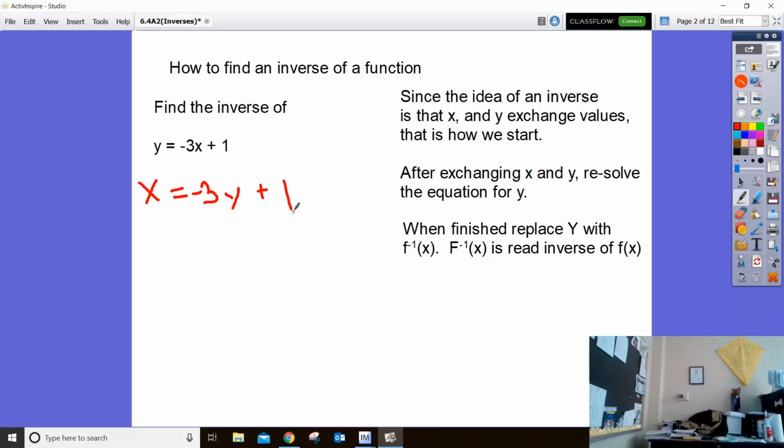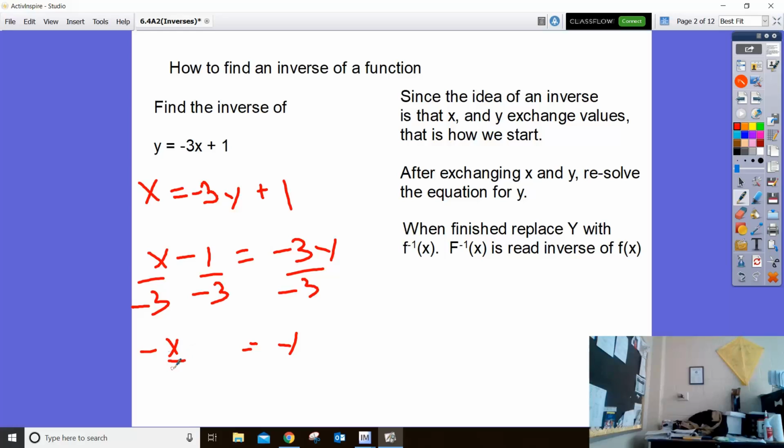Subtract 1. Divide by -2. I'm actually going to divide those pieces by the negative. You have a negative x over 3. You can write that as -1/3 if that's what you like. Read that plus 1/3.